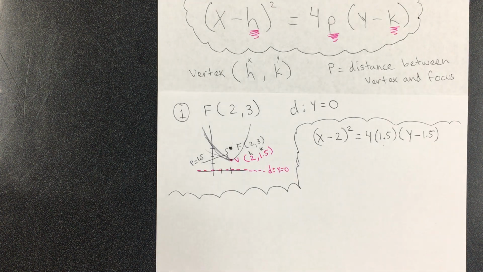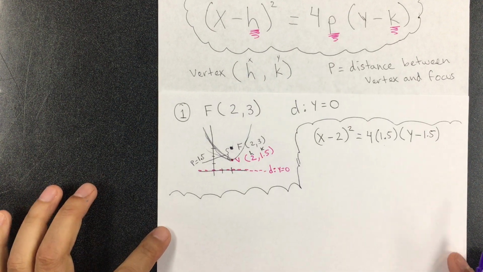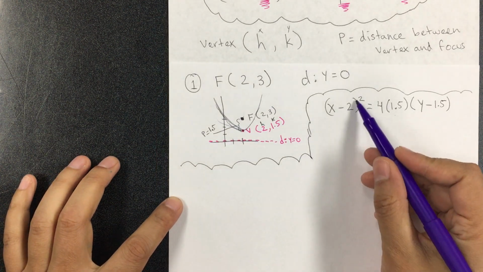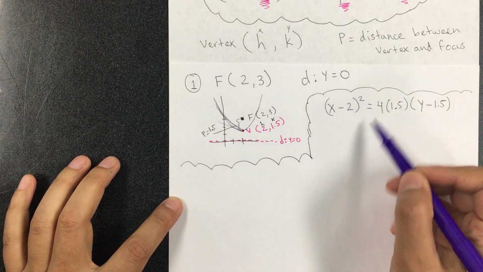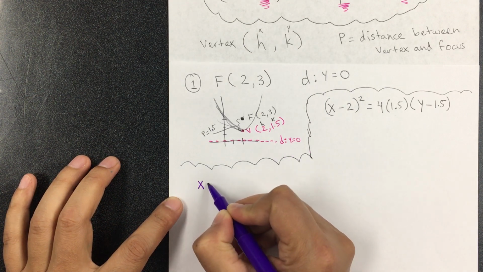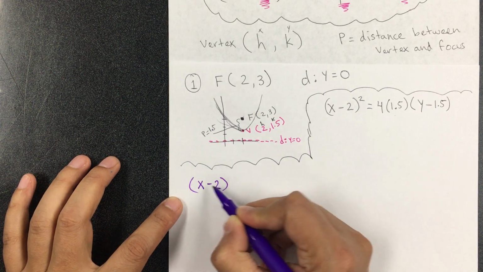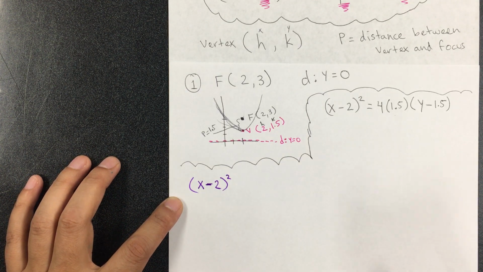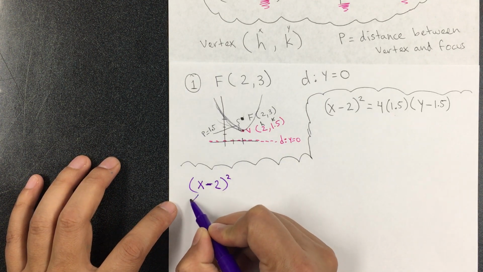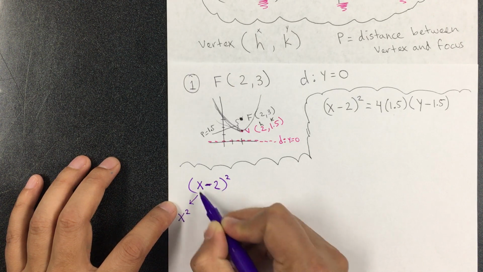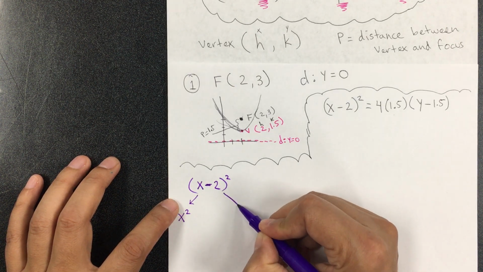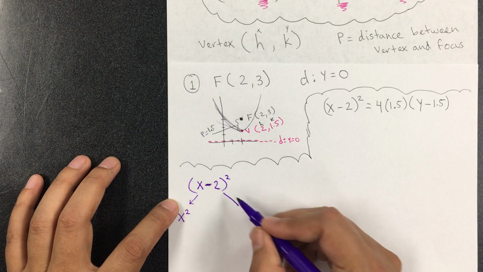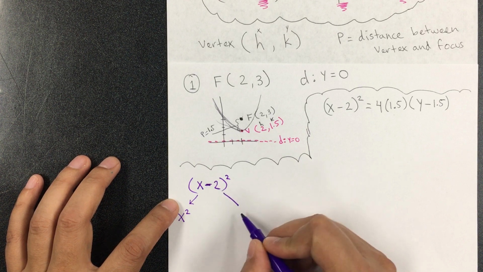Okay, from previous lessons, this can be done directly. Anytime that you have a perfect square, meaning a binomial to the second power, we know that the answer will be the square of the first one, the square of the second term, which is negative 2 times negative 2, will be positive 4.